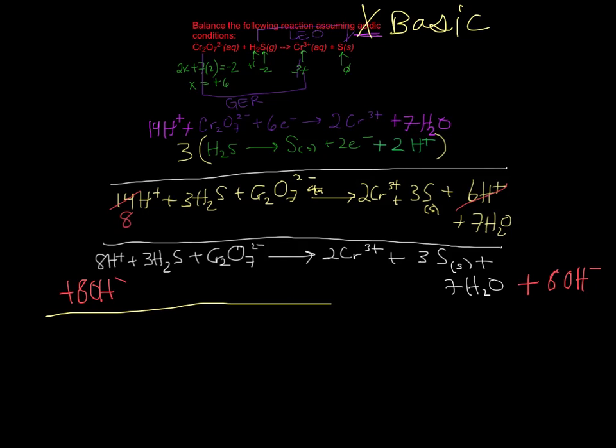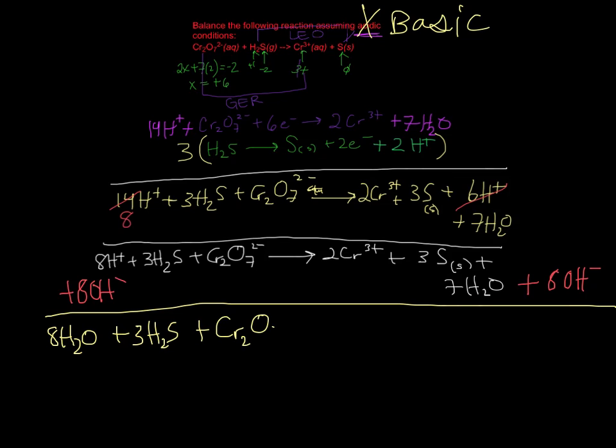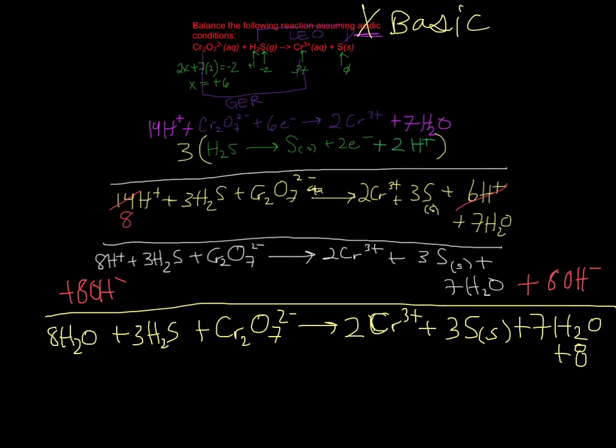So now if we add all of this together, we're going to get 8 water plus 3 H2S plus our dichromate, going to our chromium 3+, our sulfur, plus 7 waters plus 8 hydroxide. This is our hydroxide.